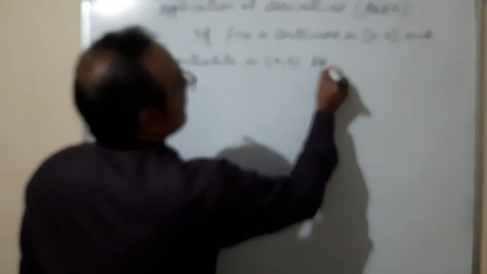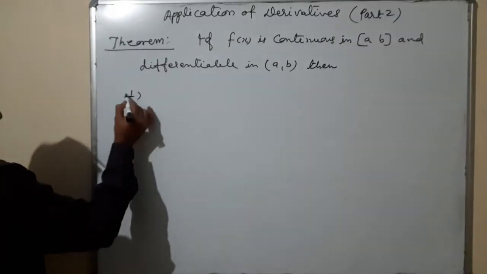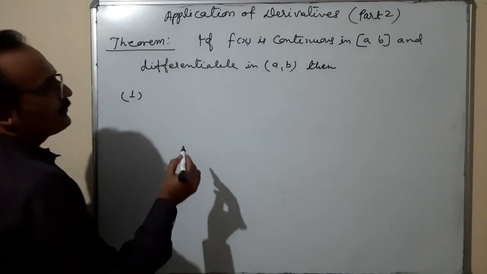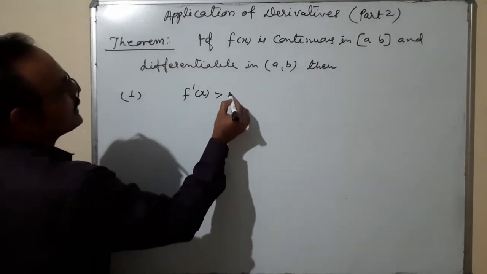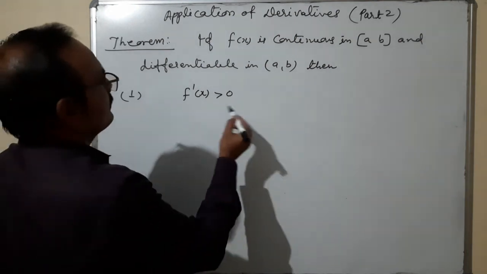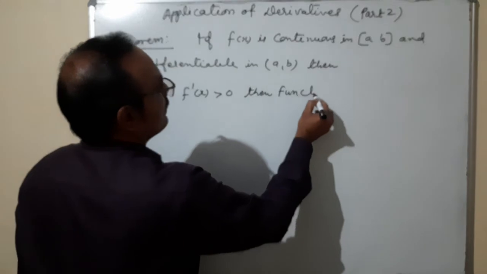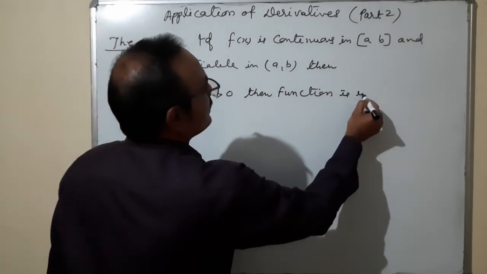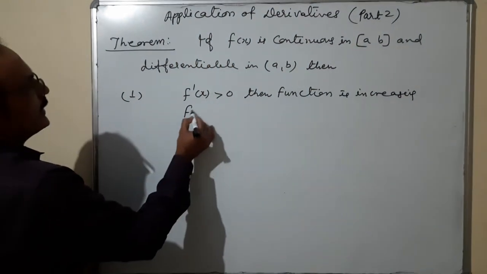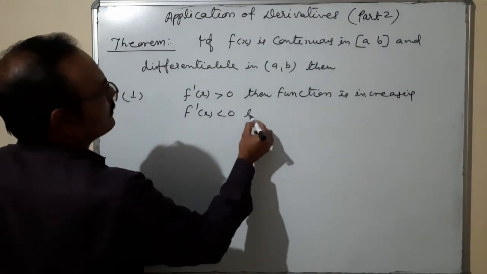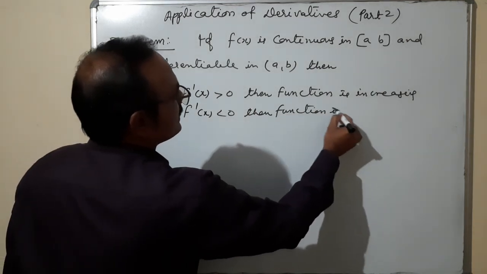Then the first condition we have to write here: if f dash x is greater than 0, then the function is increasing. And if f dash x is less than 0, then the function is decreasing.